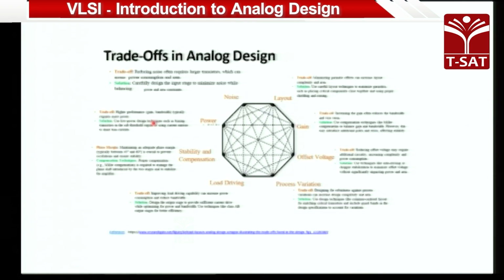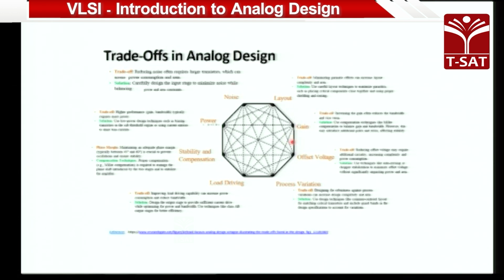Okay. Going to the next one, this is a very important slide from an analog design standpoint. This talks about trade-offs in analog design. There are several entities: power, noise, layout, gain, offset voltage, process variation, load driving, stability and compensation. I talked about noise, layout, some part of gain, offset, process variation, load driving.